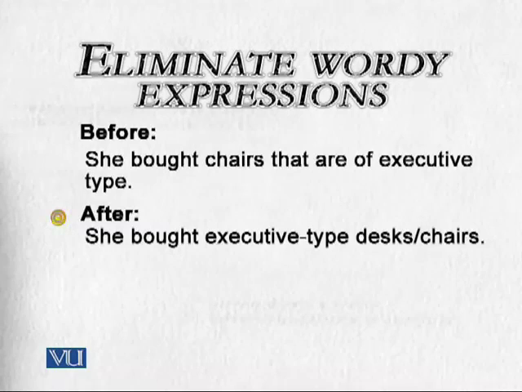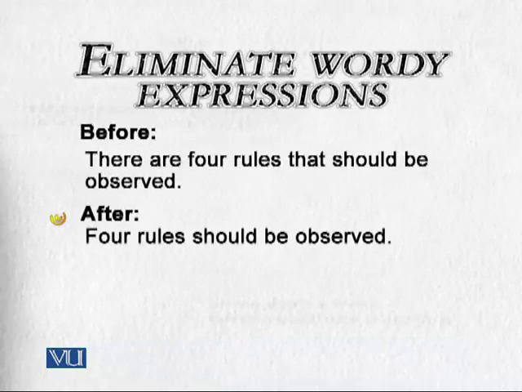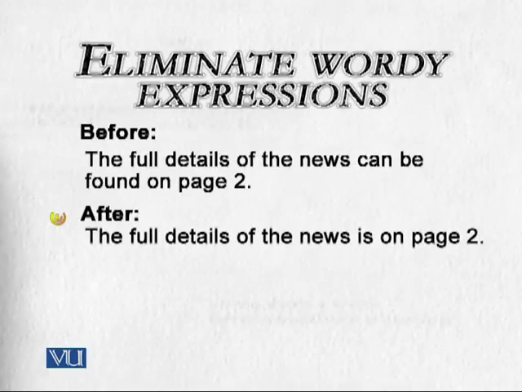Its better, concise version can be, she bought executive type chairs. Next one. There are 4 rules that should be observed. 4 rules should be observed. That's it. The full details of the news can be found on page 2. Why don't you simplify it to the full details of the news are on page 2. So this is how we can eliminate wordy expressions in our writing.